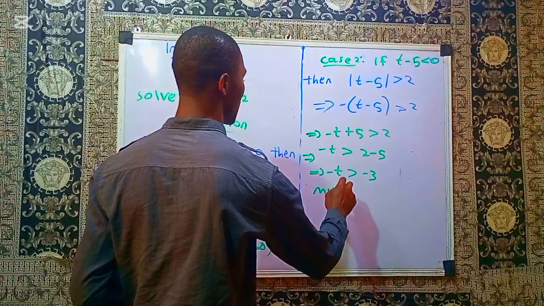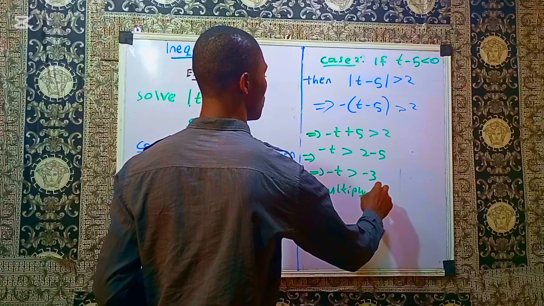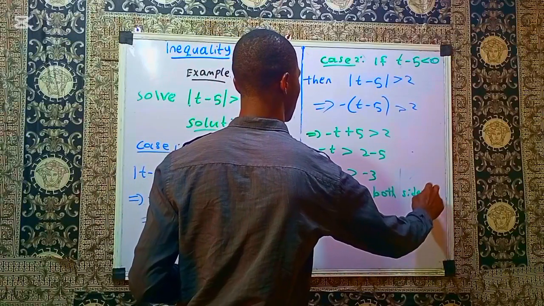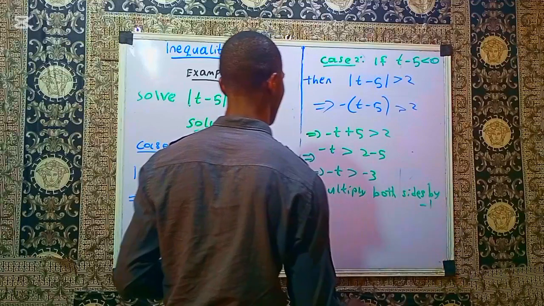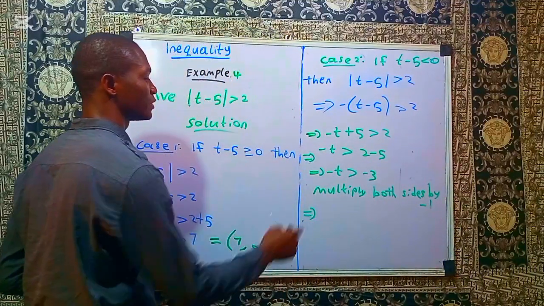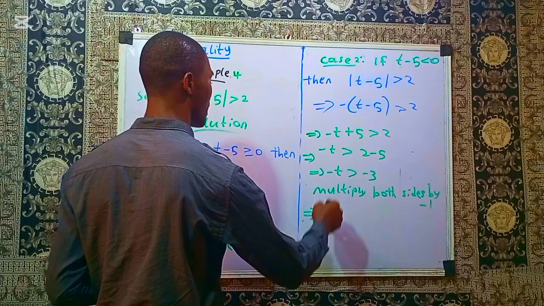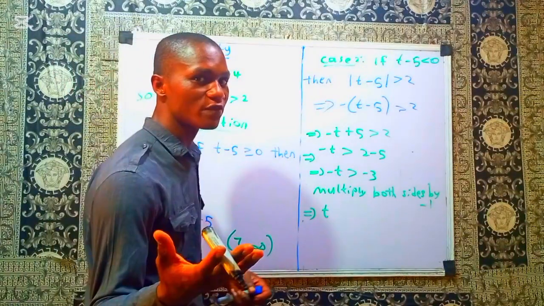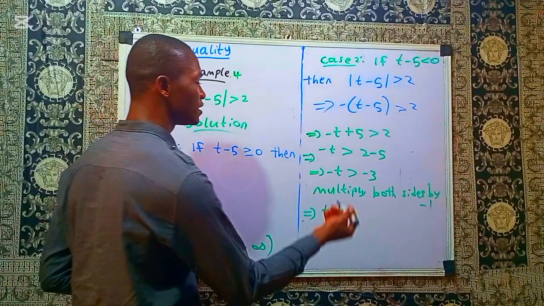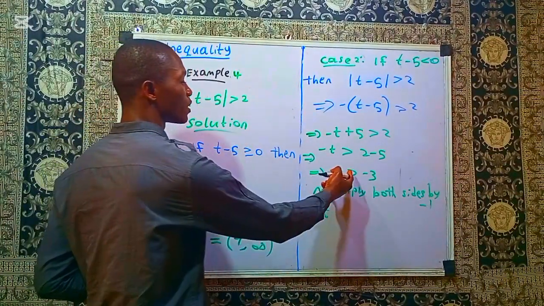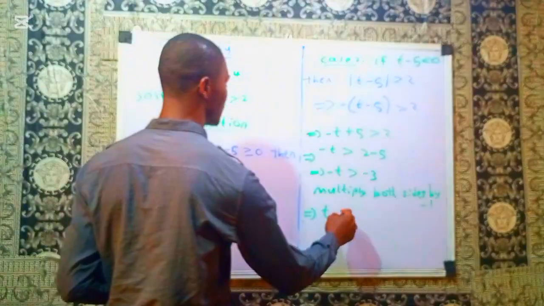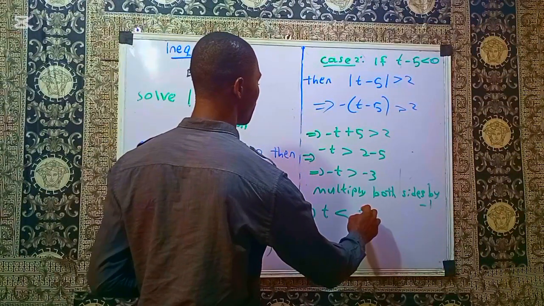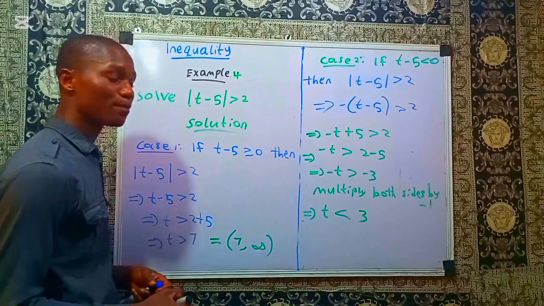We multiply both sides by minus 1. If I multiply minus t by minus 1, I have positive t. And anytime you multiply both sides of an inequality by a negative quantity, the inequality reverses. So it will reverse from greater than to less than. And if you multiply minus 3 by minus 1, you have positive 3. So t is less than positive 3.